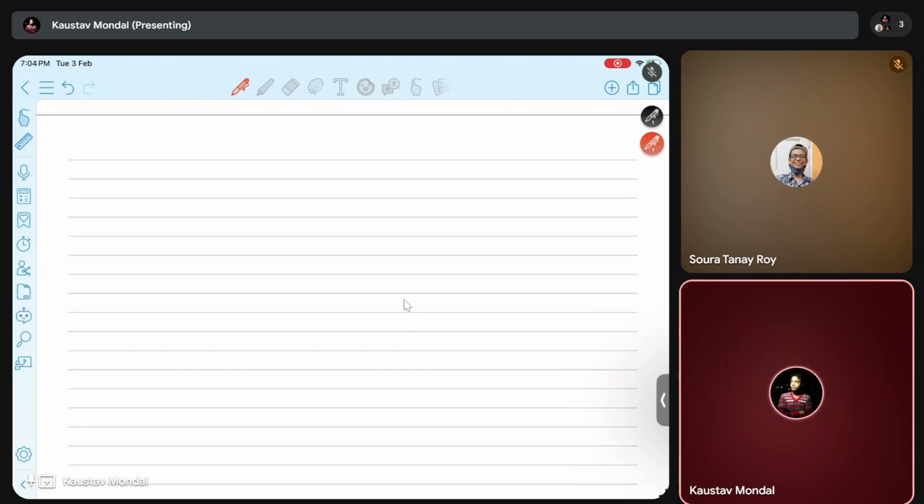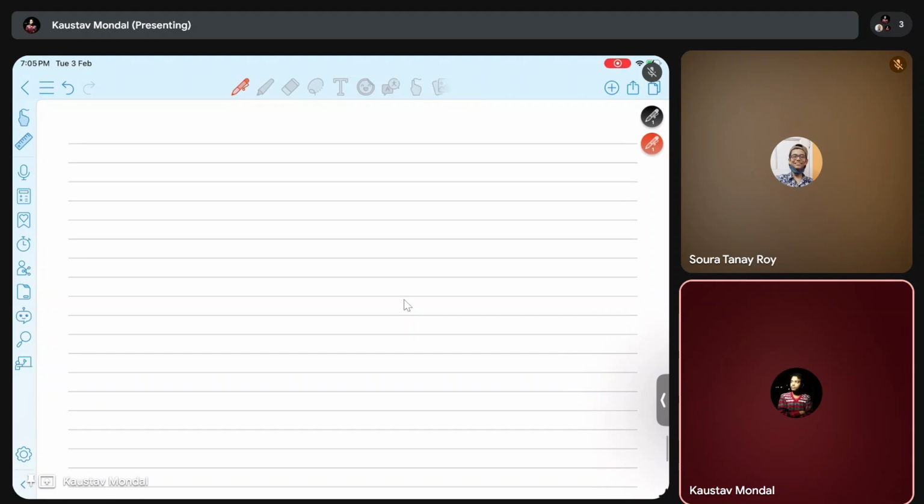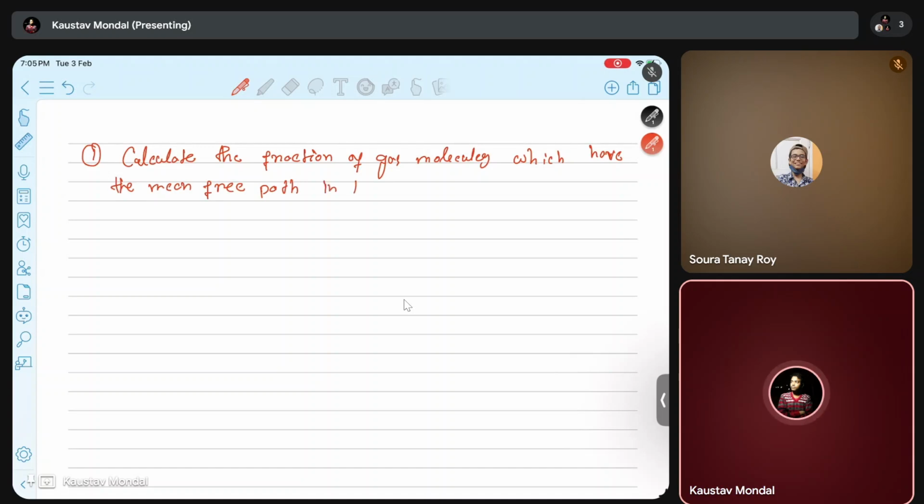The first problem is: calculate the fraction of gas molecules which have the mean free path in the range lambda to 2 lambda.